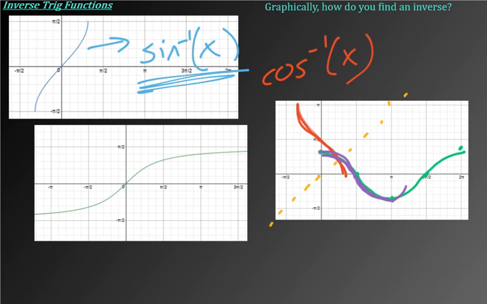But as soon as you would go further, like let's do it in a different color here, as soon as you include this, now that part's going to fail the horizontal line test, which means if you include it in the function over here, it's going to fail the vertical line test, and hence not be a function.